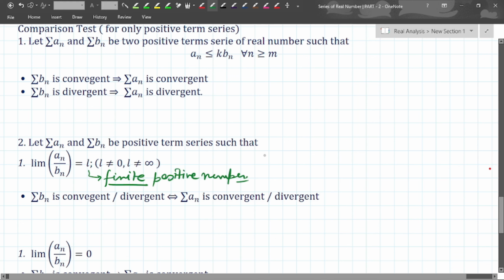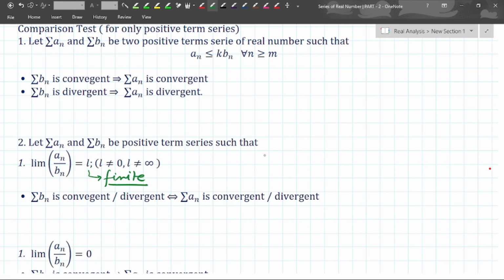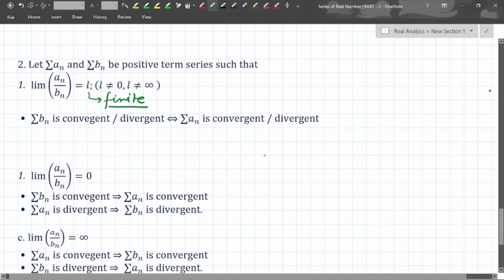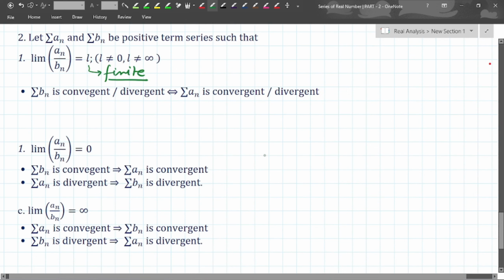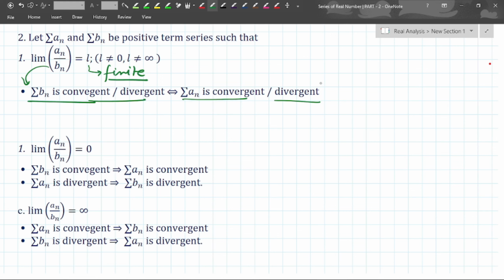This is the basic criterion: it should not equal infinity or 0. In this case, summation of bn convergent or divergent implies, and is implied by, an being convergent or divergent. If bn is convergent, then my series is also convergent. If bn is divergent, then my series is also divergent.